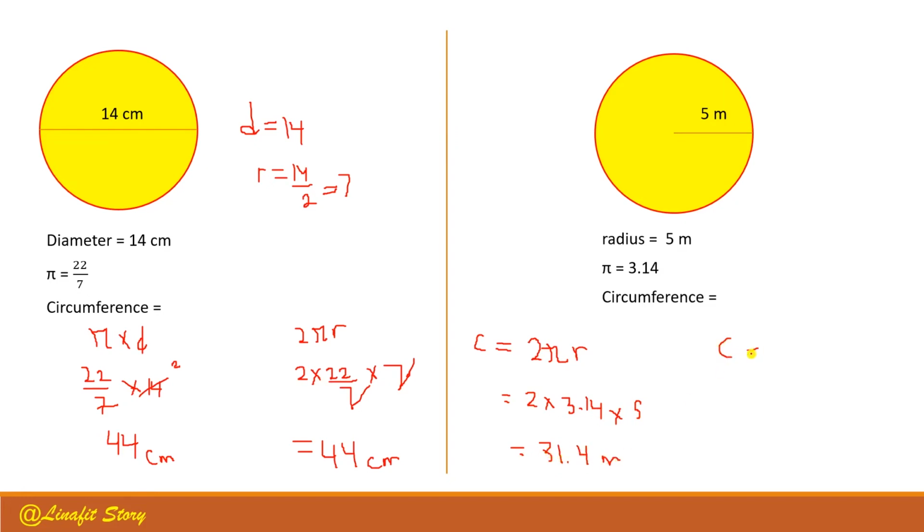Or to get the circumference is pi times diameter. If the radius is 5, the diameter is twice the radius. 5 times 2 is equal to 10. So 3.14 times 10 is equal to 31.4 meters.